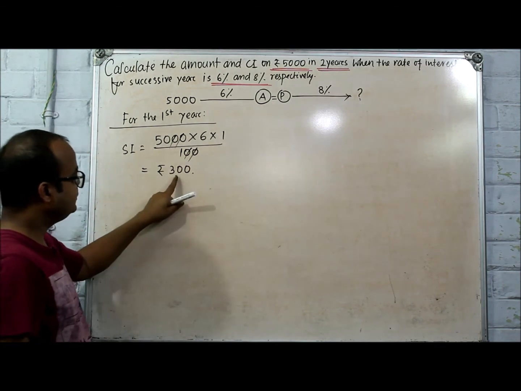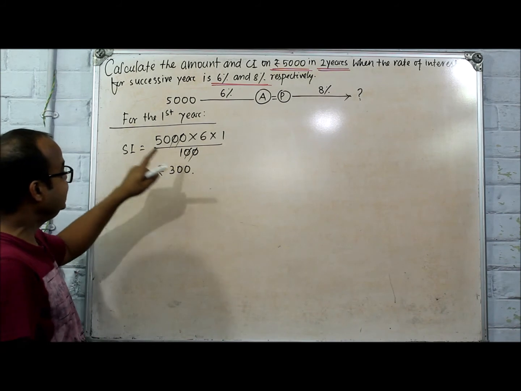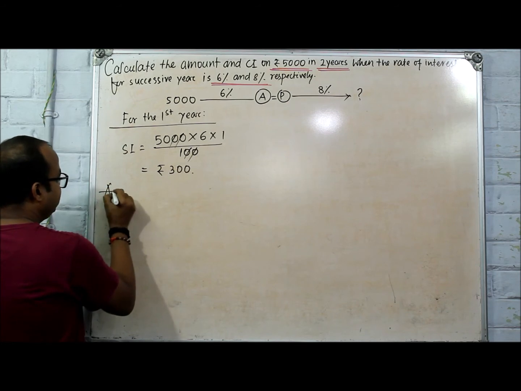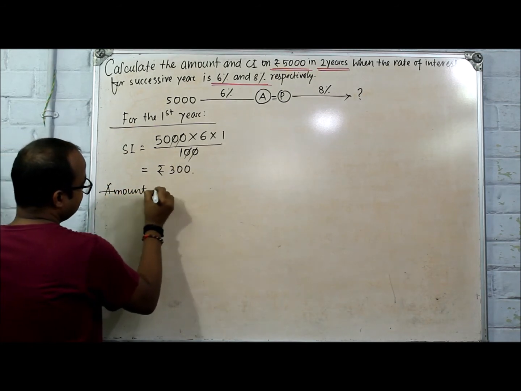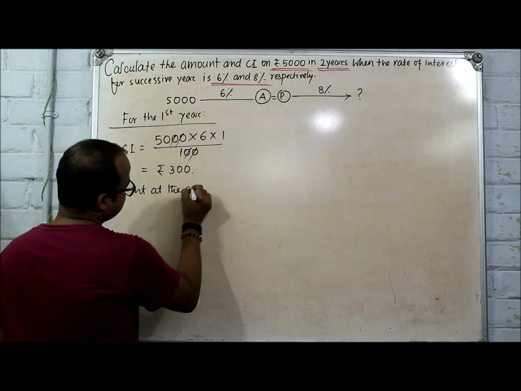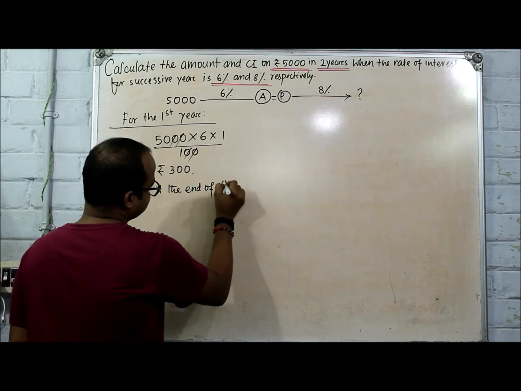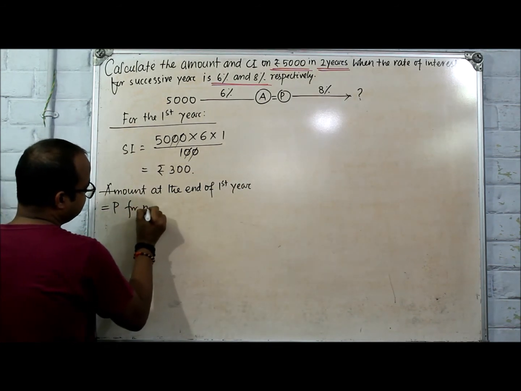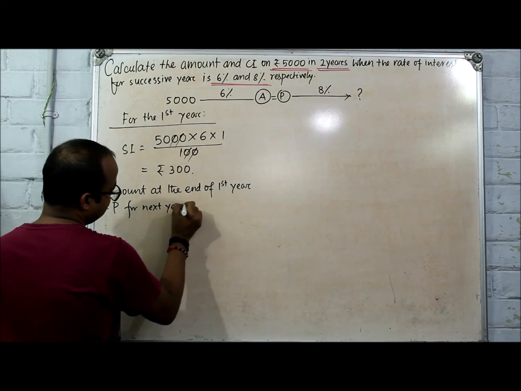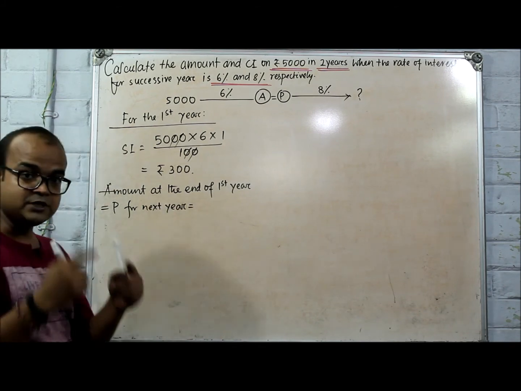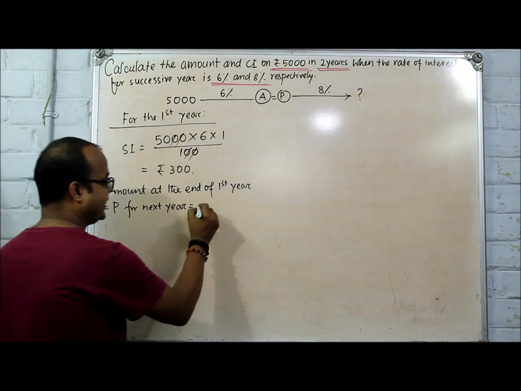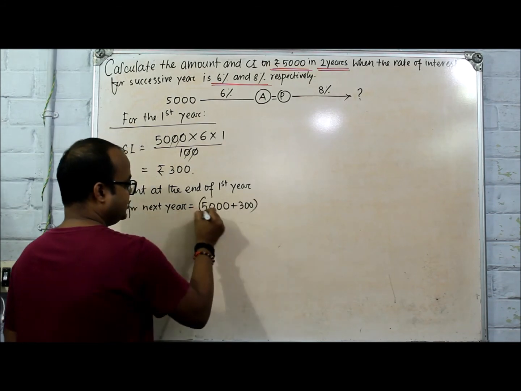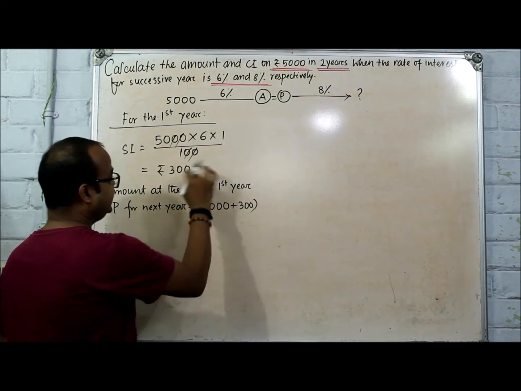So at the end of the first year your interest will be equal to 300 rupees. Now, amount at the end of first year is equal to P for next year, and amount is equal to principal plus interest, that is 5,000 rupees was the initial principal and 300 rupees is the interest gained during the first year.